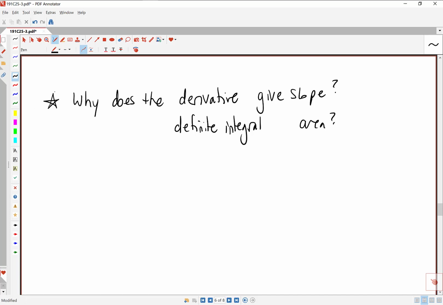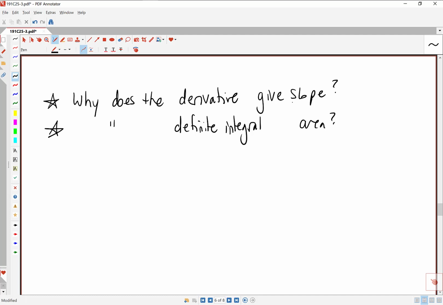So we're going to think about that in a little bit more detail. We've just recently seen in this video that the definite integral gives area under the curve. Now, what's interesting here is that differentiation, the process of taking a derivative, and the process of taking an integral are inverse processes. They undo each other.